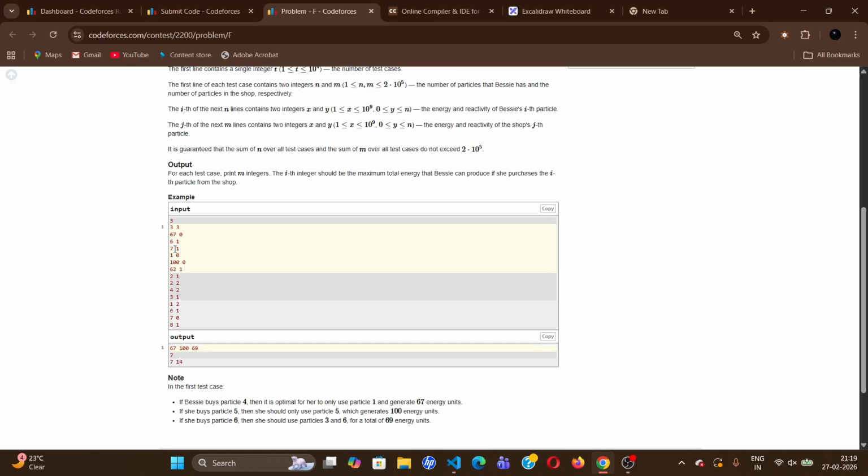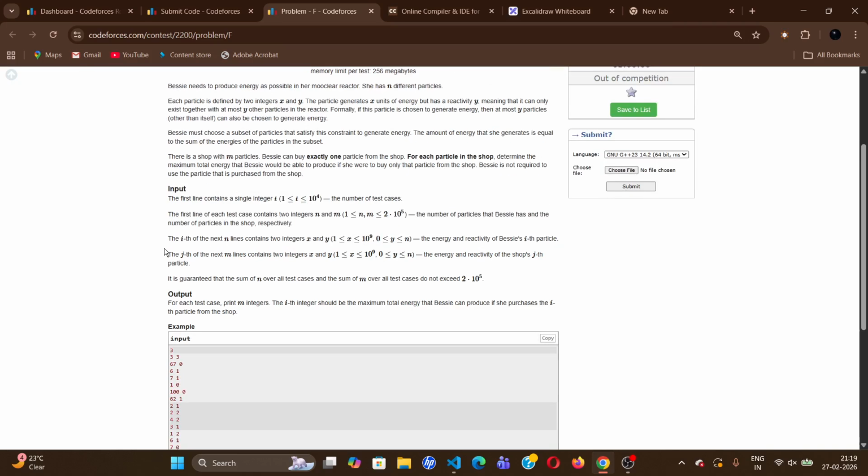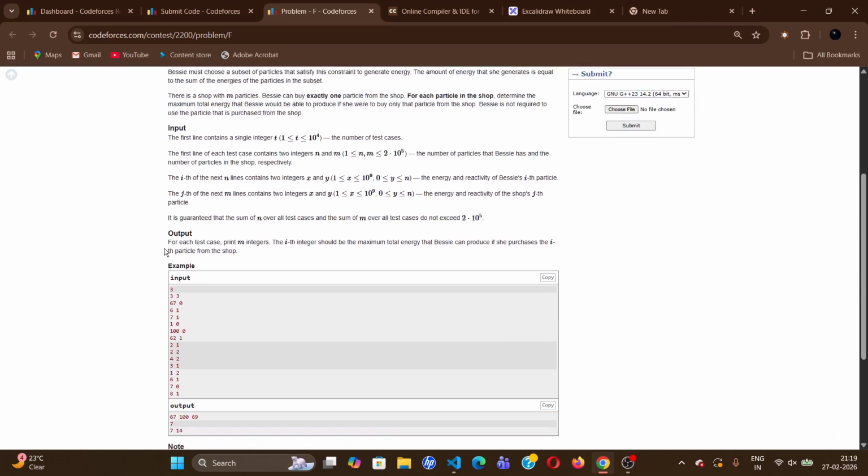So if it is like 7, then 1, only 1. We choose 2 particles. It looks like n square something.